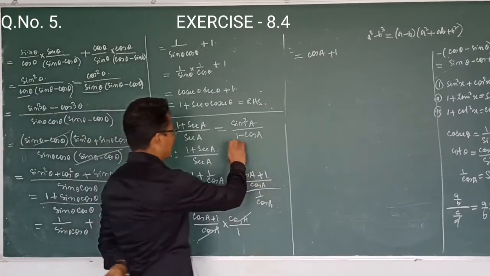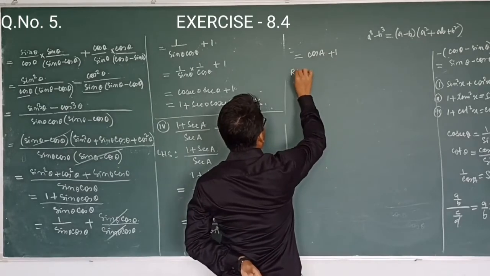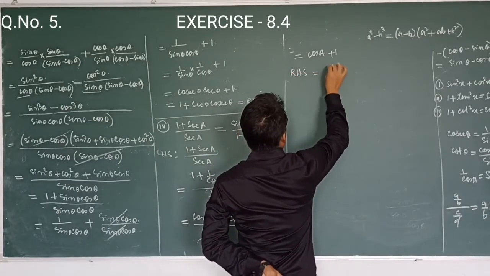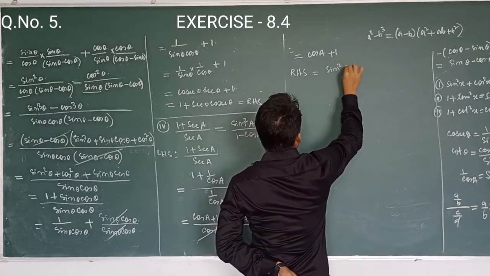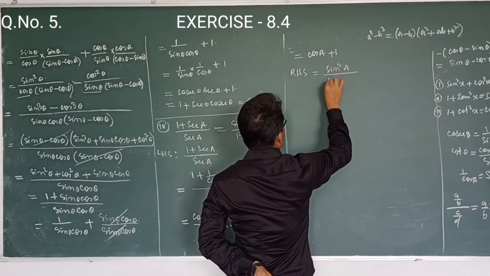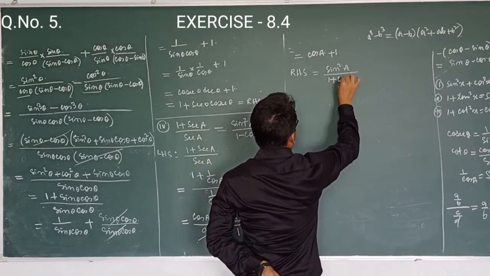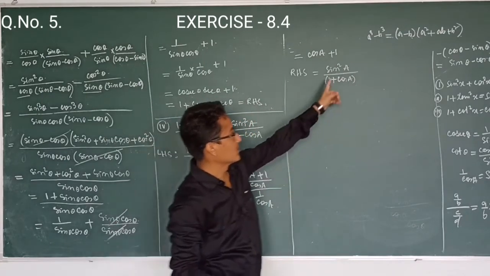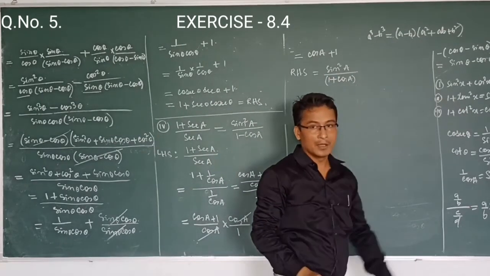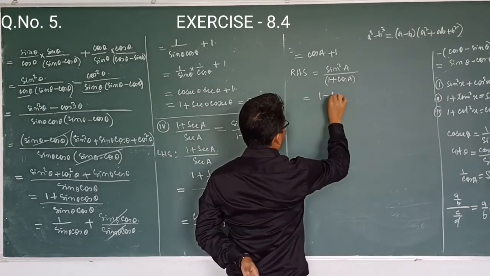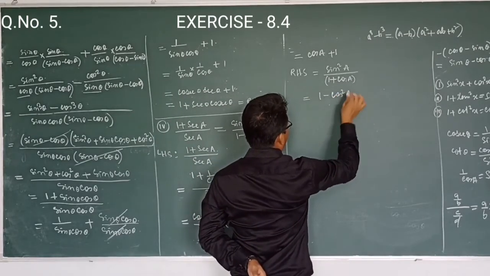So now I am taking the right hand side, which is equal to sin square a by, I will write this in this way, cos a. Okay, so for sin square a we use the first formula, 1 minus cos square a, which is equal to 1 minus cos square a.